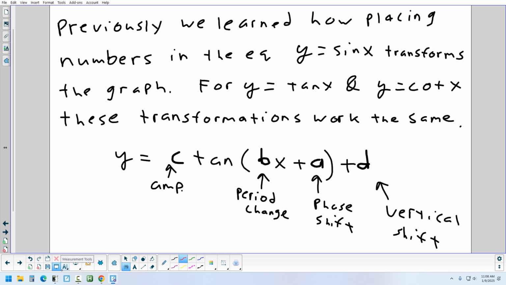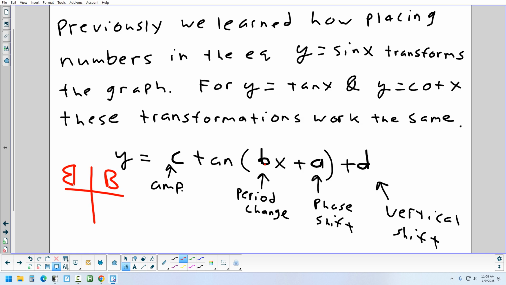If the B or the C are negative, we just did one where C was negative in the homework. What does the negative do? Causes a flip or a reflection. If the B is negative, that's a horizontal reflection. Okay, that means your graph would do something like that. All the x's would become the opposite.